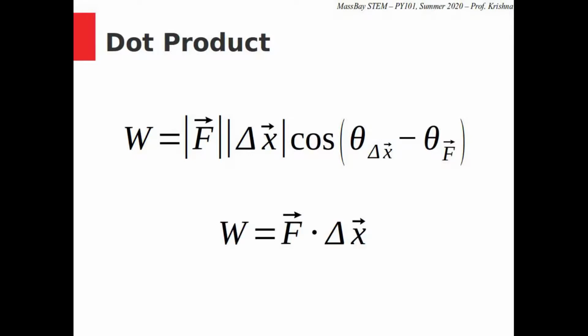The two ways of writing this equation mean the same thing. This operation is called the dot product of the two vectors. Now, let's apply this operation and the concept of work to different examples.